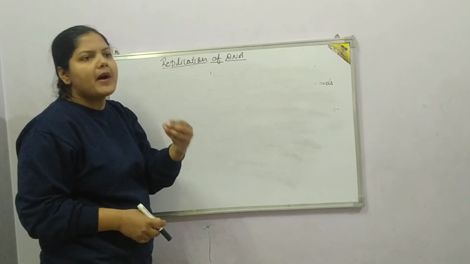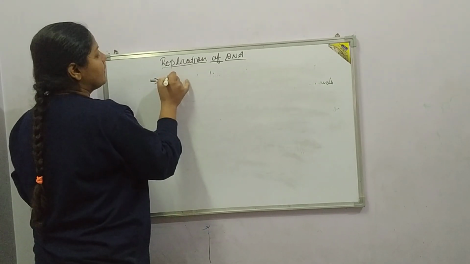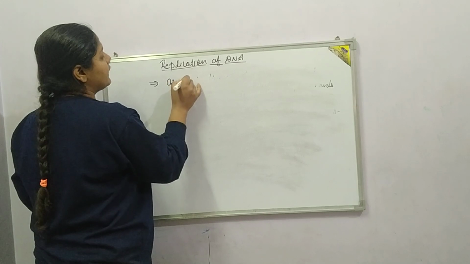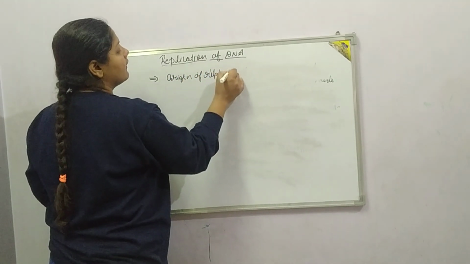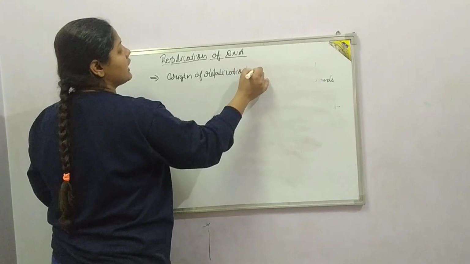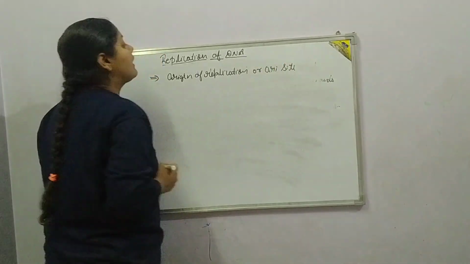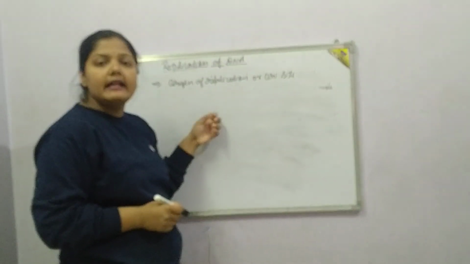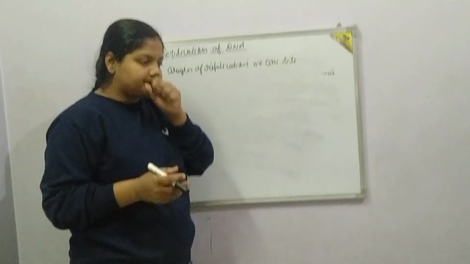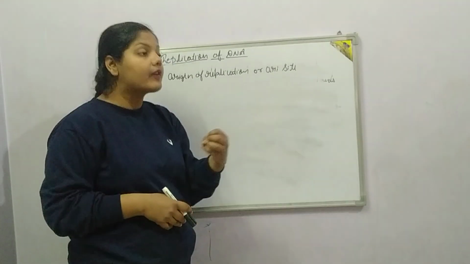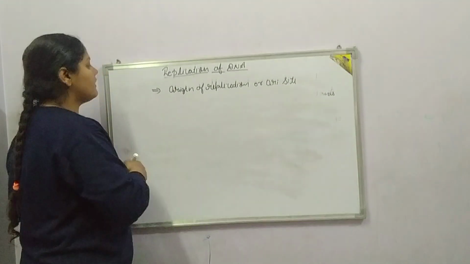It requires a particular site which is known as origin of replication, or in short you can say ori site. Now these ori sites are present in vectors also, which help in the formation of recombinant DNA. Okay, so ori site is required.